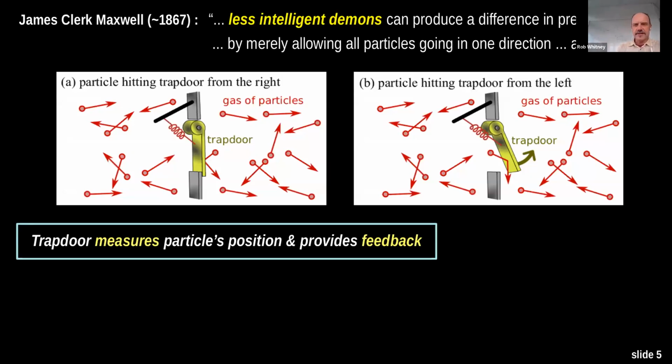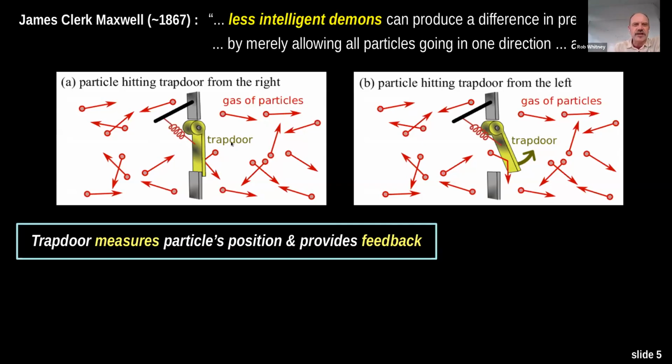This was in one of Maxwell's letters to Tait. He said, actually, the demon doesn't need to be that intelligent. It just needs to be something a bit like this. Later, Smoluchowski talked of it more in terms of a trapdoor, but it's the same idea. You have some sort of one-way valve, so it can only let particles go in one direction.